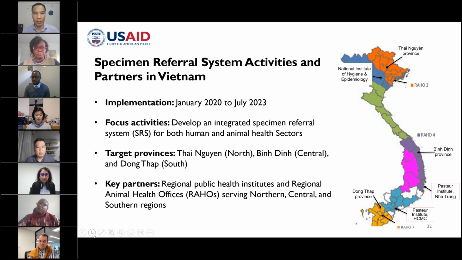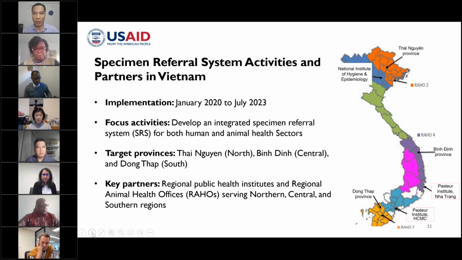facility. And so we work primarily in three pilot provinces: one in the north, Thái Nguyên, one in the central region, Bình Định province, and one in the south, named Đồng Tháp province.